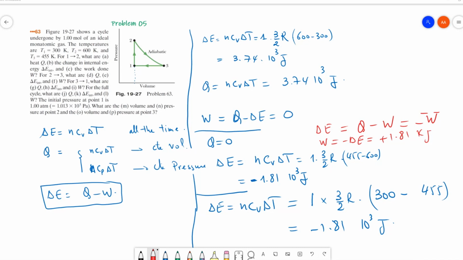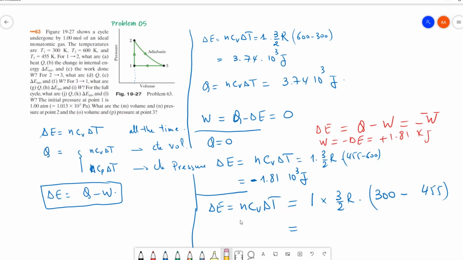Sorry, I did not bring the number for this one. But the most important is this: you do it like this, 1 multiplied by 3 over 2 R times 300 minus 455.